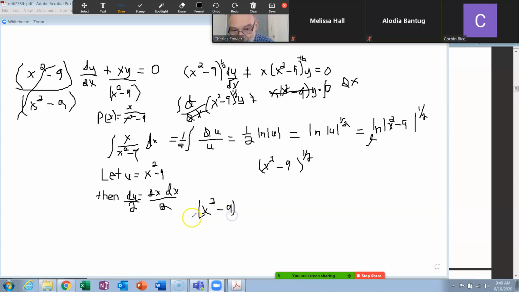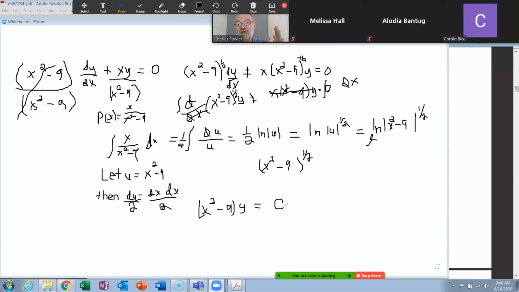And the pen is doing whatever it wants to, but I can't erase that. Times y is equal to, now, what's the integral of 0? Antiderivative of 0. Just a constant c, perfect.